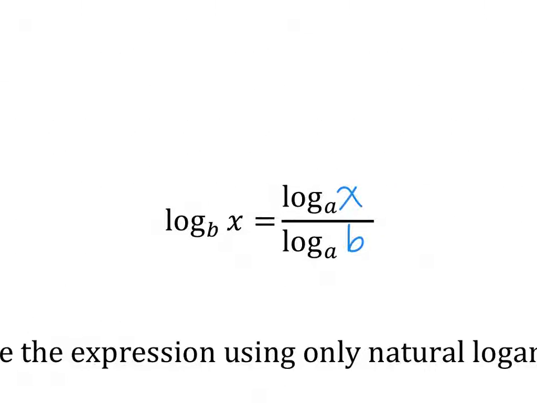So what does that mean? If you have a log base b of x, let's say your calculator doesn't have a base b, like log base 3, your calculator doesn't have a log base 3. However, it has log base 10 or log base e, right? Those are the 2 common logs on your calculator. So you can change it so it's just log x over log b, or natural log x over natural log b. That works, and then you can use the calculator to calculate.